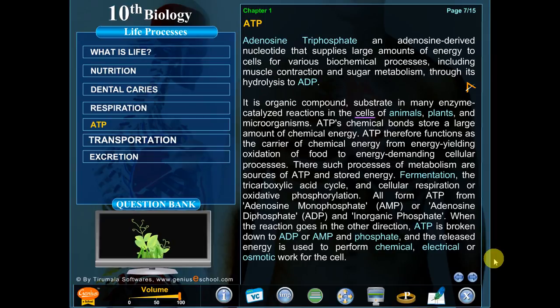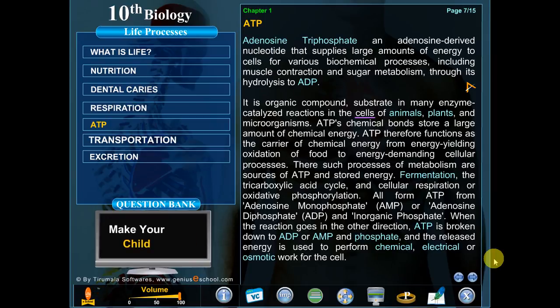Such processes of metabolism are sources of ATP and stored energy. Fermentation, the tricarboxylic acid cycle, and cellular respiration or oxidative phosphorylation all form ATP from adenosine monophosphate, that is AMP, or adenosine diphosphate, that is ADP, and inorganic phosphate.